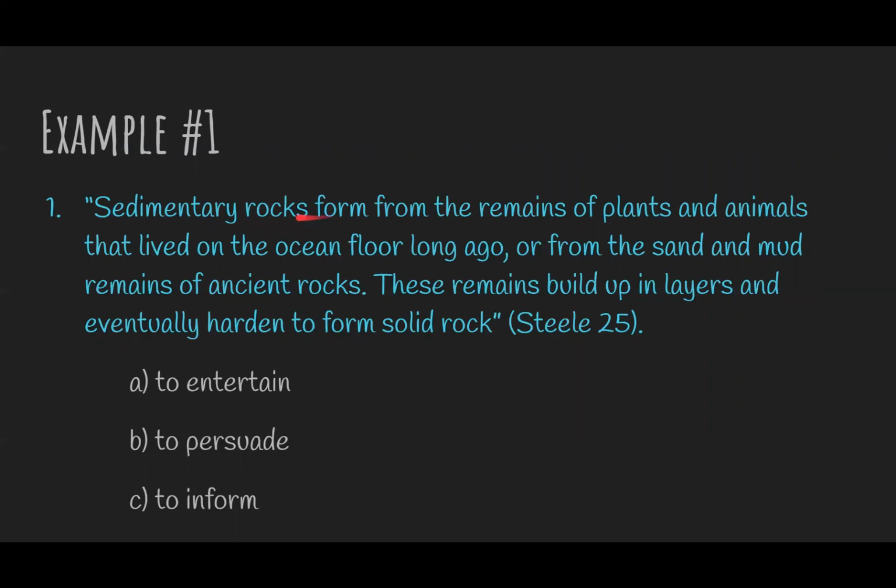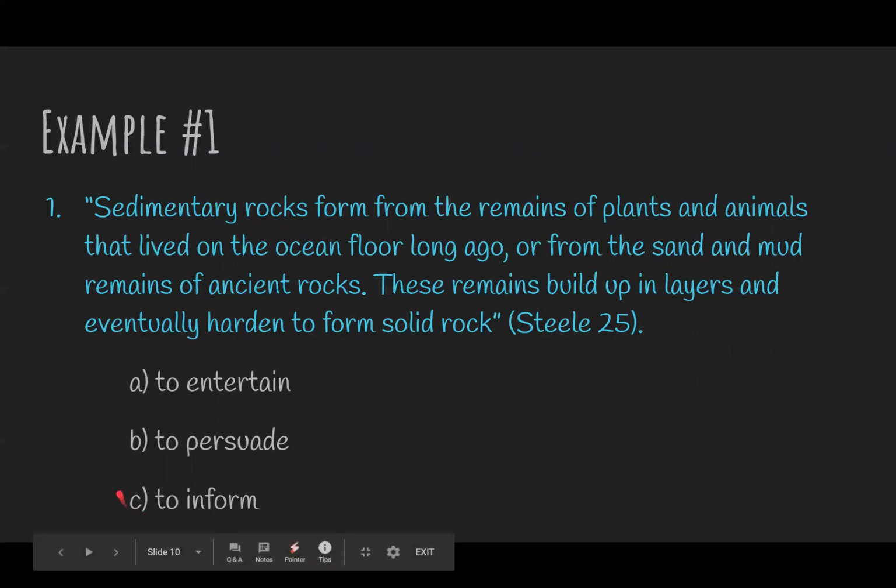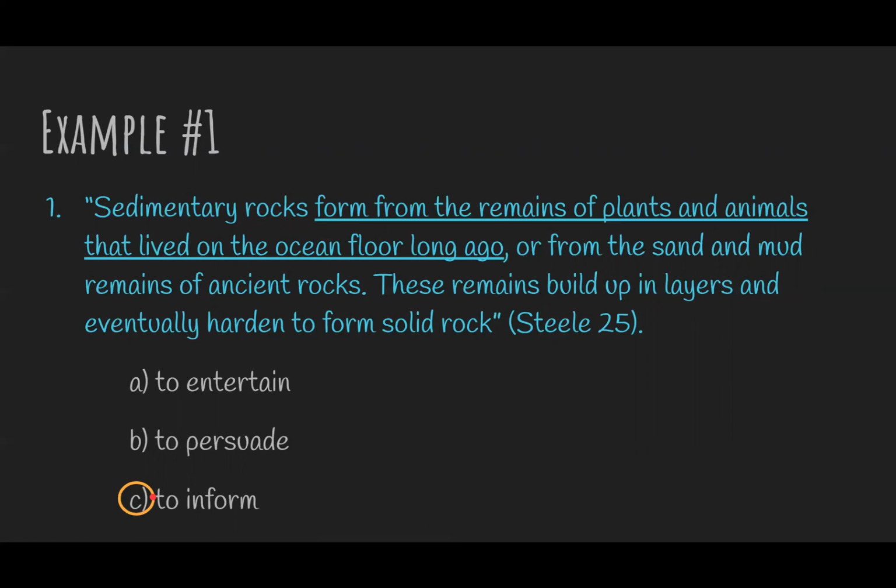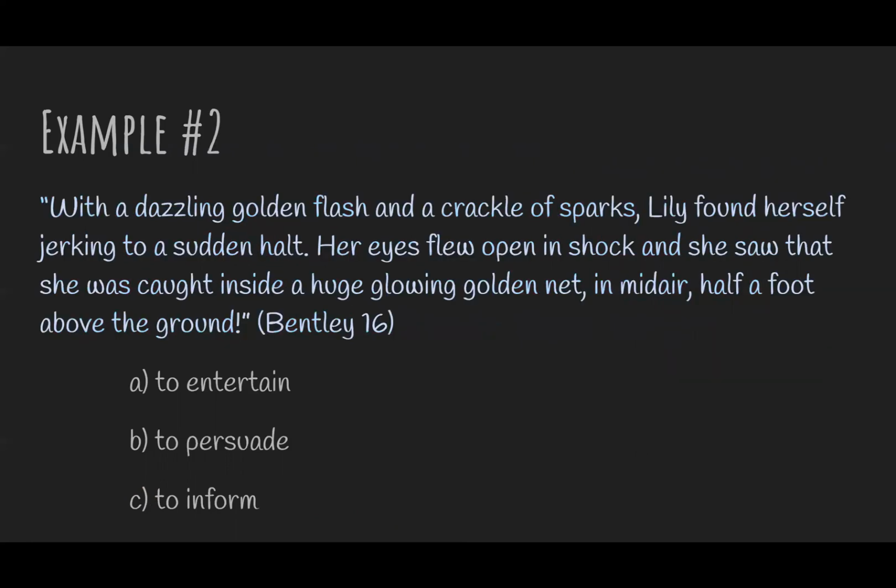See, these are all science-y words, right? Ancient. So this can tell us that the author is trying to inform us, right? And the big giveaway here is the facts and science topics that they have given us here.